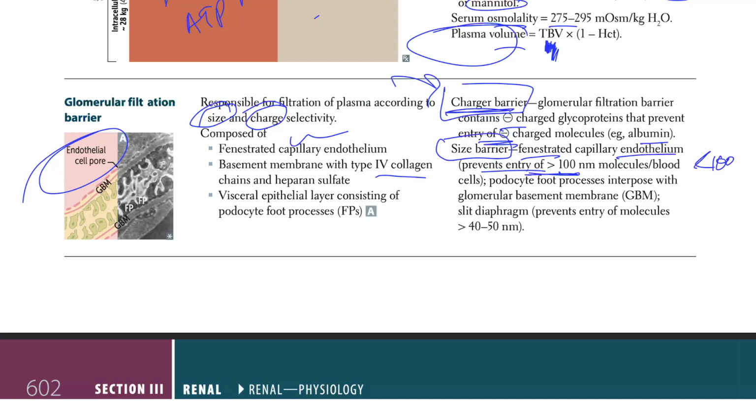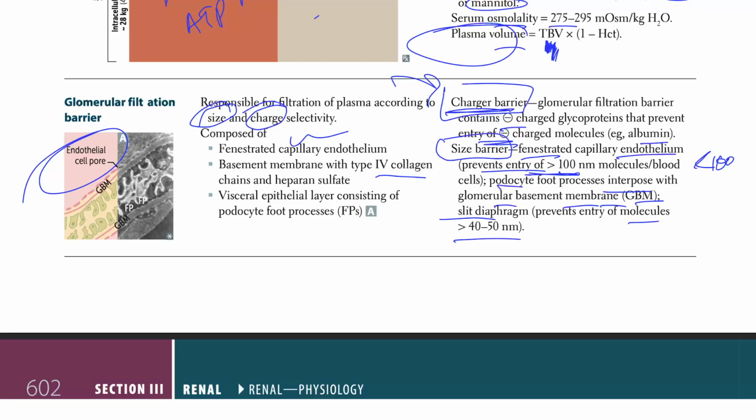Podocyte foot processes interpose with the glomerular basal membrane, GBM, leading to formation of slit diaphragms. The slit diaphragm prevents the entry of molecules greater than 40.